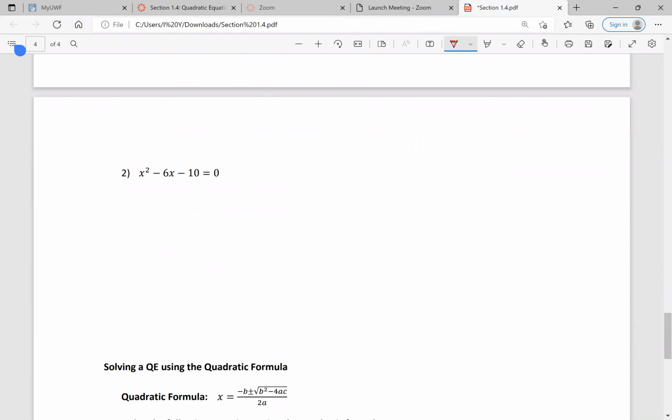Okay, same process here. Again, we have 1 for our a, so we don't have to worry about it. We can complete the square. I have x squared minus 6x equals 10. Now, I prefer to break this down. 1/2 b equals negative 3. 1/2 b squared equals 9. So we're adding 9 to both sides.